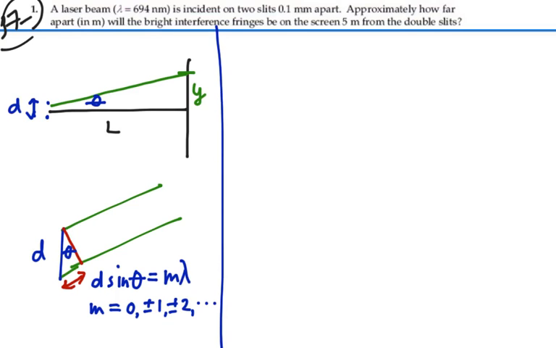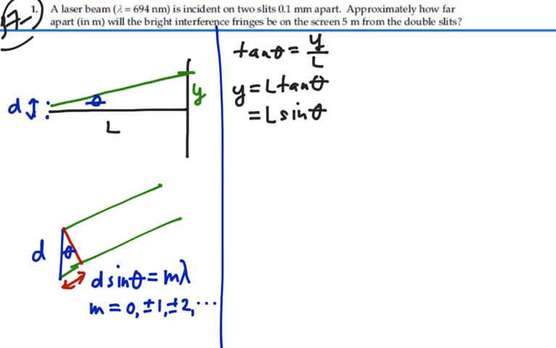So looking at the geometry of our triangle here, we would have that the tangent of theta is equal to the opposite side over the adjacent side, so that y is equal to L tangent theta. But it's really very small angles, so you could say that y is actually equal to L sine theta using the small angle approximation.